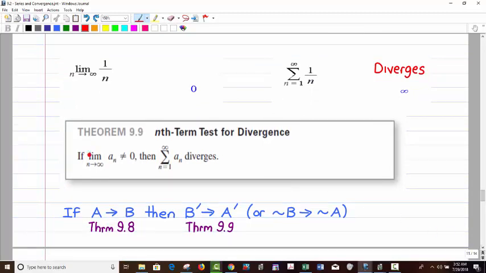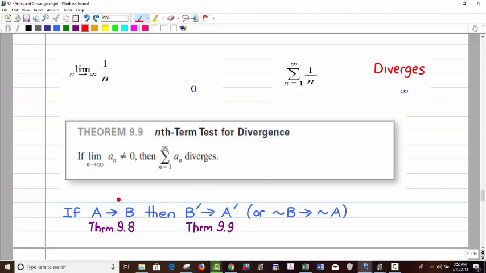Now, here's the reverse of this. If the limit of the sequence does not go to 0, then for sure the series AN diverges. It's like using this logical argument, because this is true in logic.